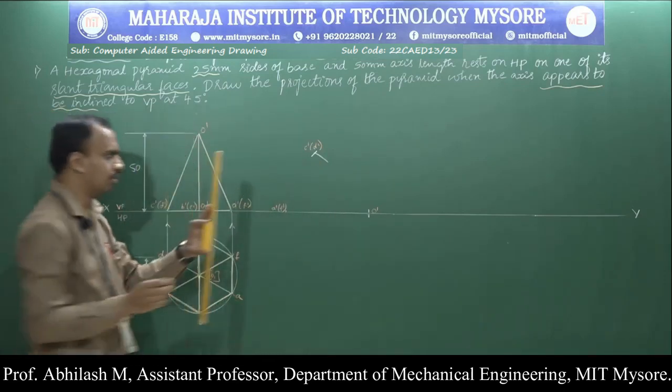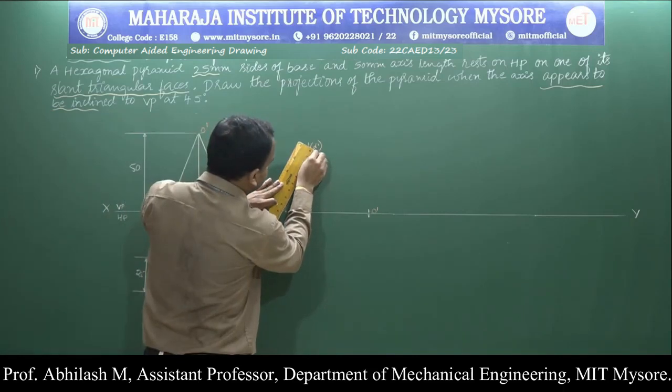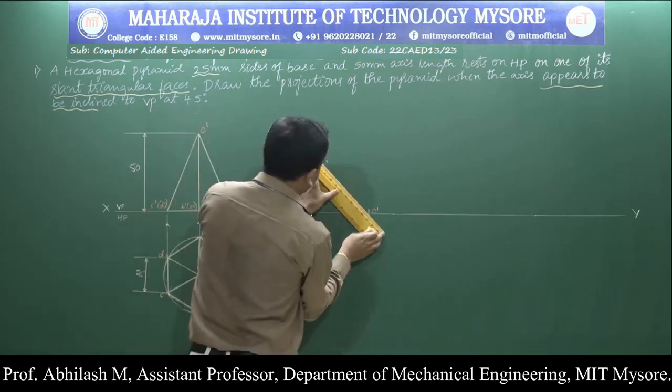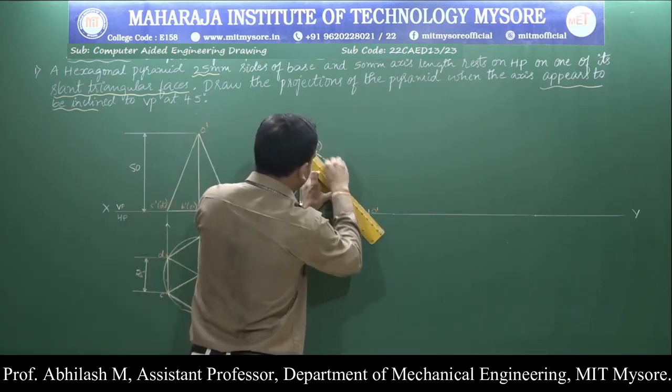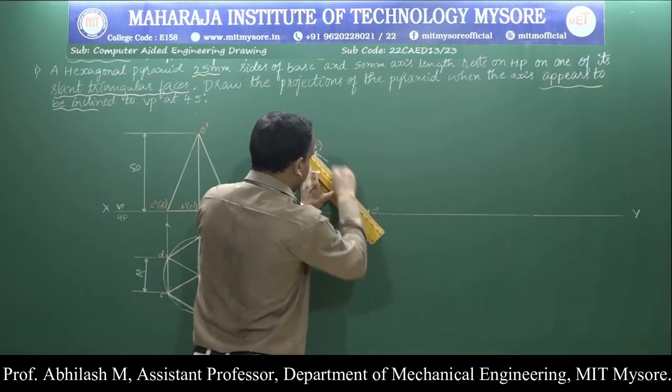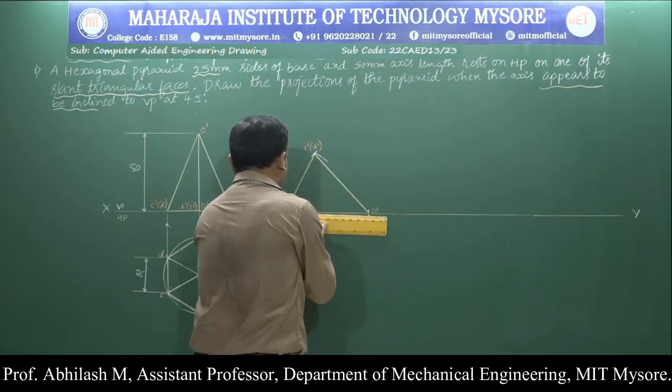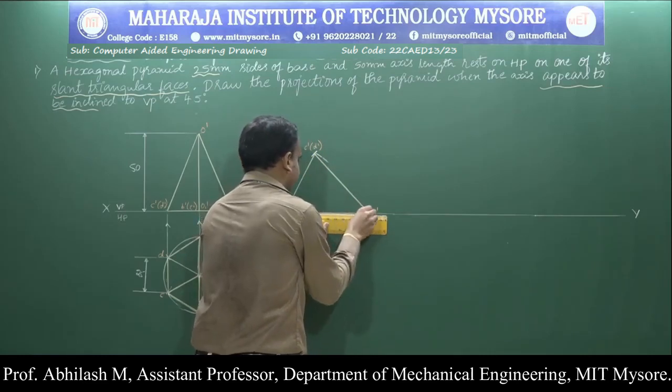So we know this is completely visible. We are just transferring, we are resting it on the XY line. So connect from O dash to C dash D dash. Finally from O dash to A dash of F dash.